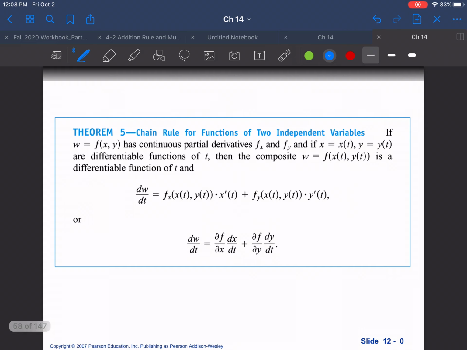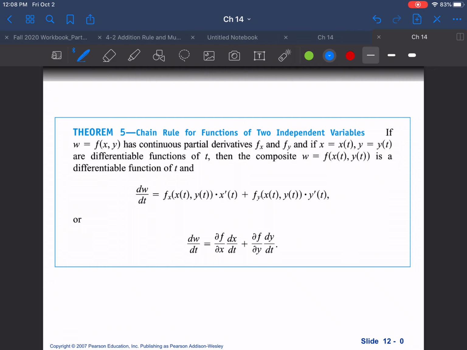So theorem 5, the chain rule for functions of two independent variables: if w equals f of x and y has continuous partial derivatives fx and fy, and if x equals x of t, y equals y of t are differentiable functions of t, then the composite w equals a function of x of t, y of t is a differentiable function of t.